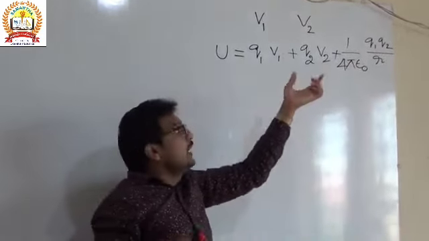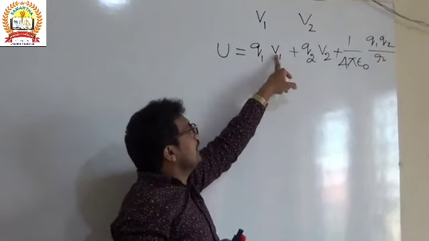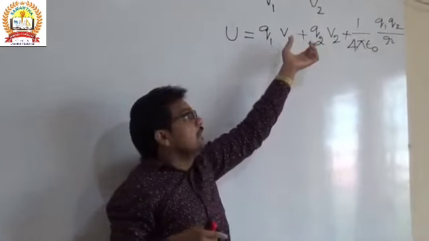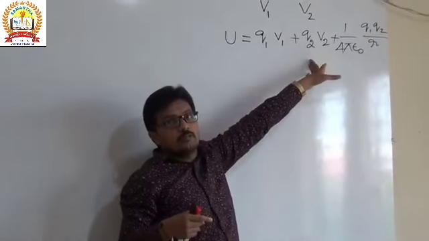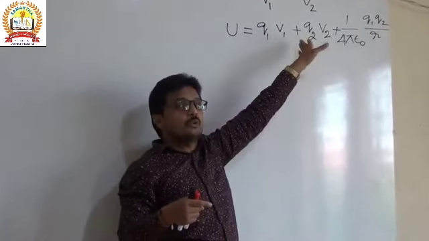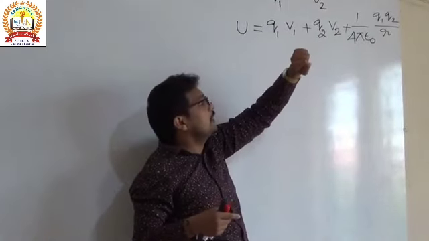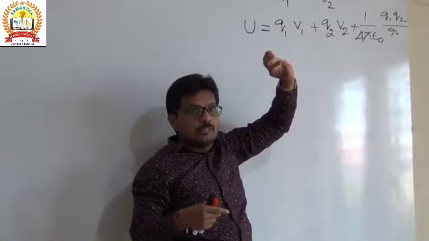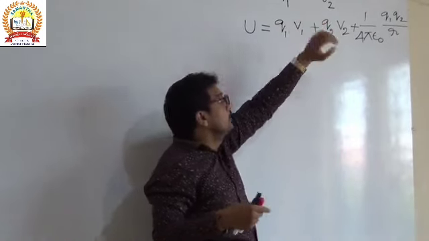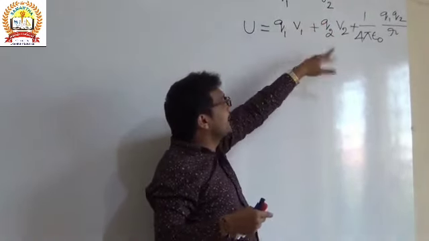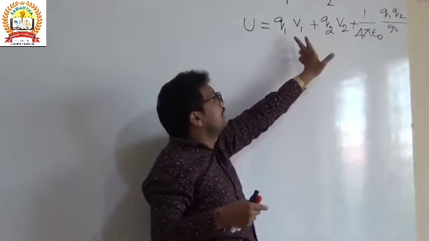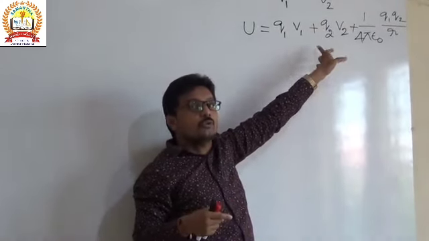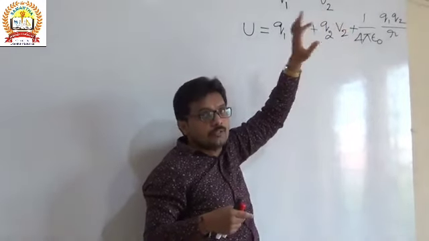In last class I used the notation V in both places, and you may get a doubt. It means that V is a common term, and then we may write Q1 plus Q2 times V plus 1 upon 4 pi epsilon naught Q1 Q2 by R. But you should not write that. Again I am explaining that V1, V2 are the potentials produced by the external electric field.